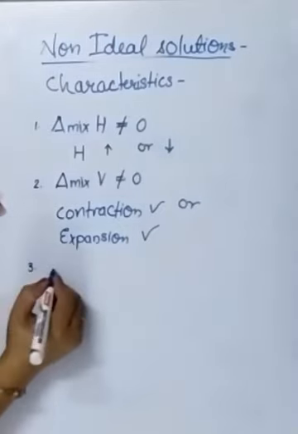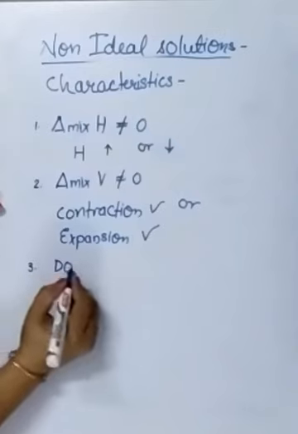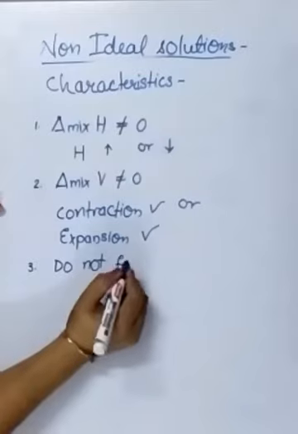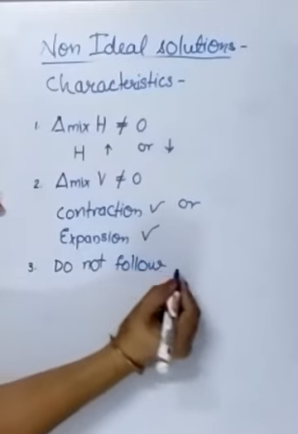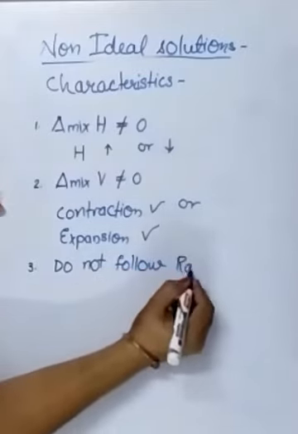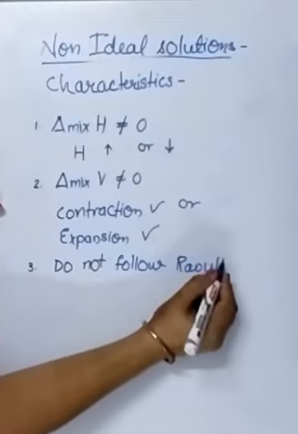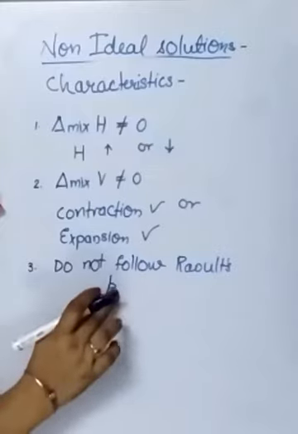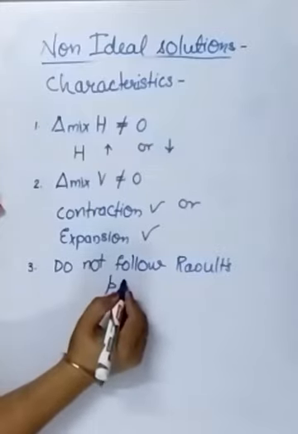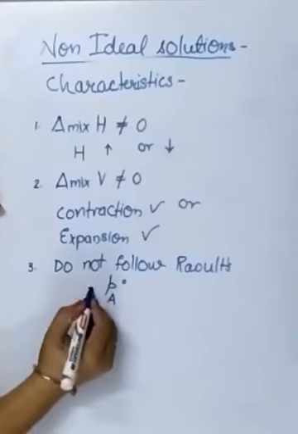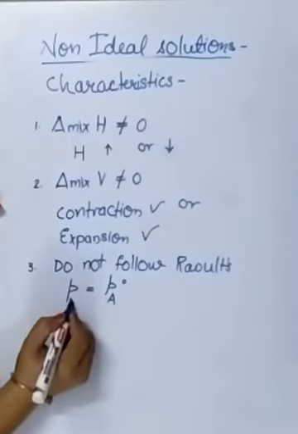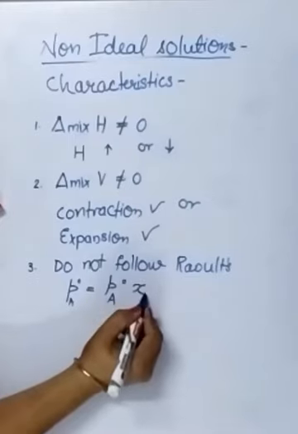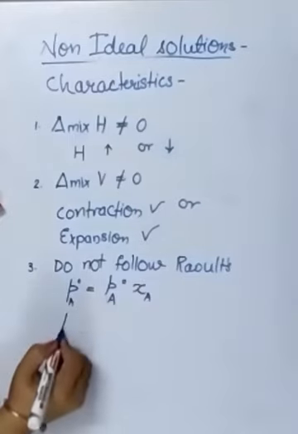Third, they do not follow Raoult's law. In the start I told you that they don't follow Raoult's law. That means the partial pressure of component A in the solution is not equal to the product of the vapor pressure of the pure component and its mole fraction.